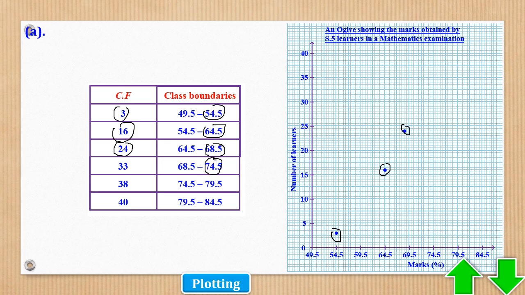Then 74.5 corresponds to 33. 79.5 corresponds to 38. 84.5 corresponds to 40. Then we shall draw a reasonably smooth curve through these values, but that curve must start from the origin. It shouldn't be left hanging.